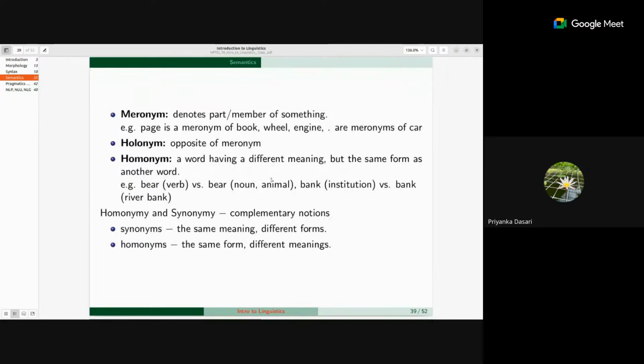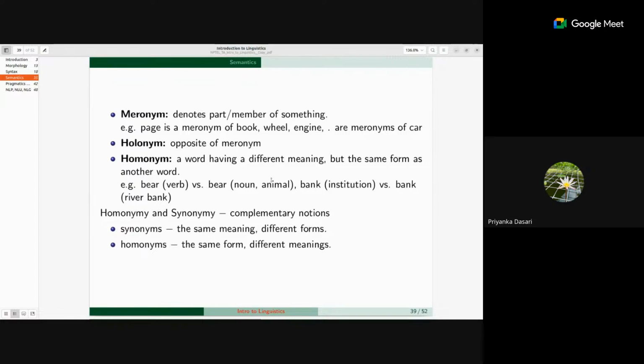Here it's a part and whole relationship of the objects. Holonym is the opposite of meronym. I mean, it's a whole and part relationship. I'll just give you examples, okay?